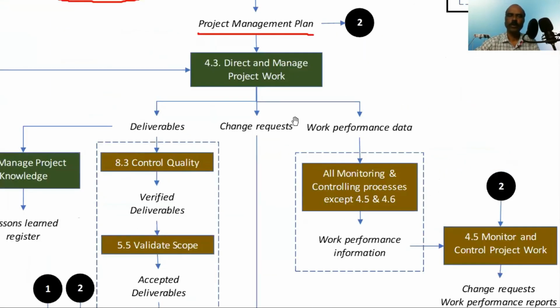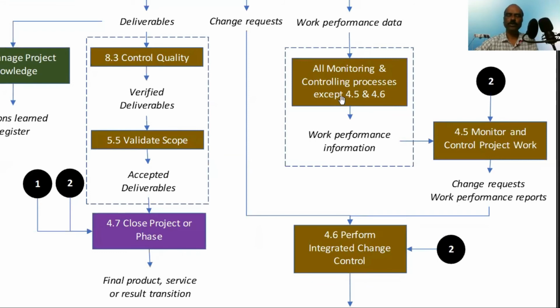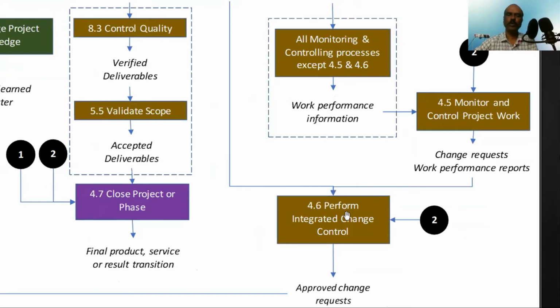Now, another thing we saw yesterday is that the execution process can generate change requests. All monitoring and controlling processes can generate change requests. And then they go as an input to one process called perform integrated change control. This is the process in which we review each and every change request, a request to make some changes.